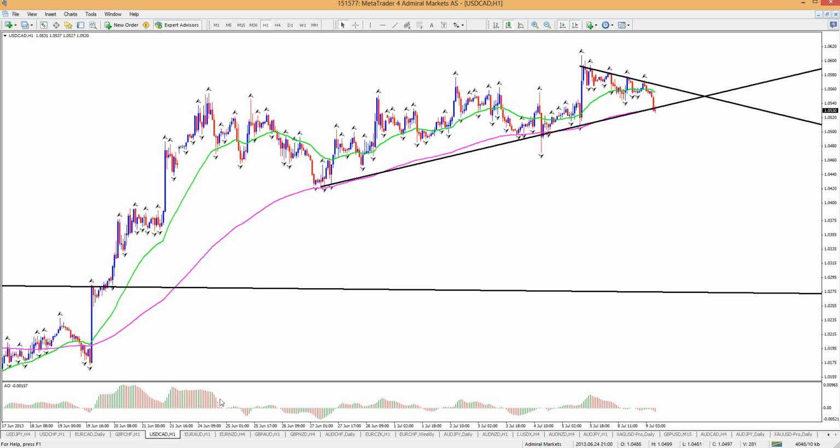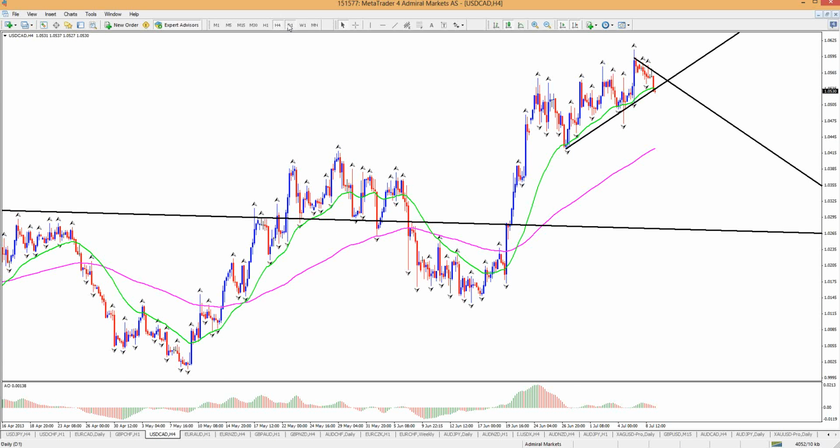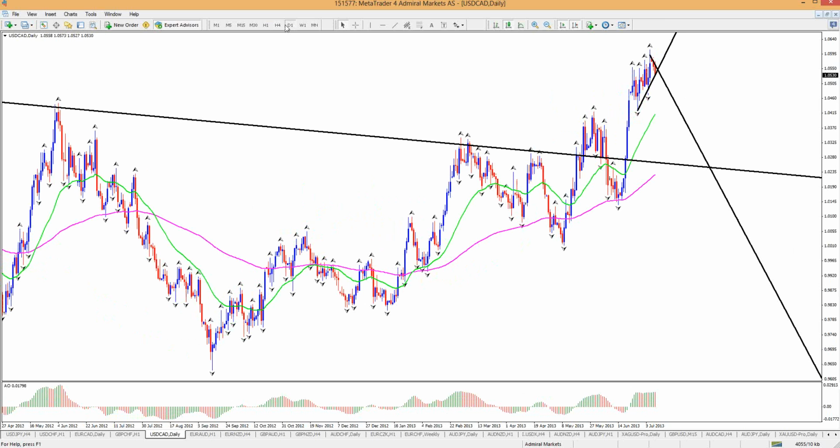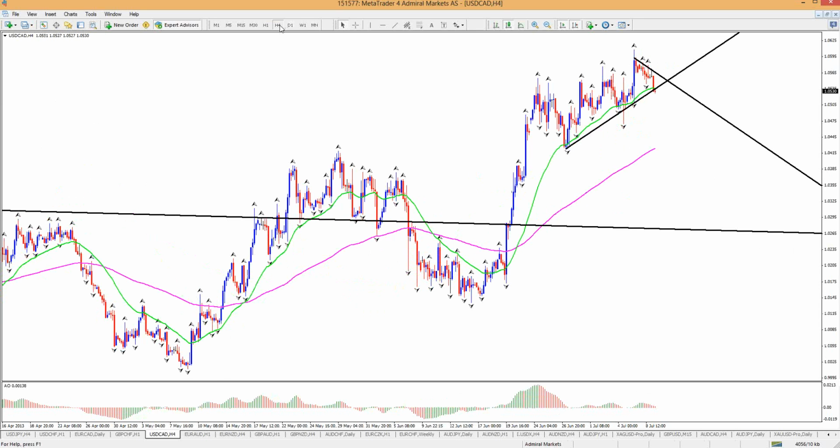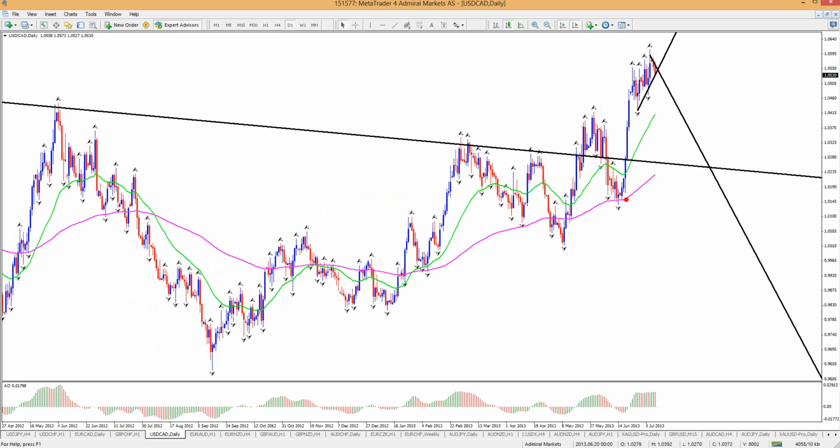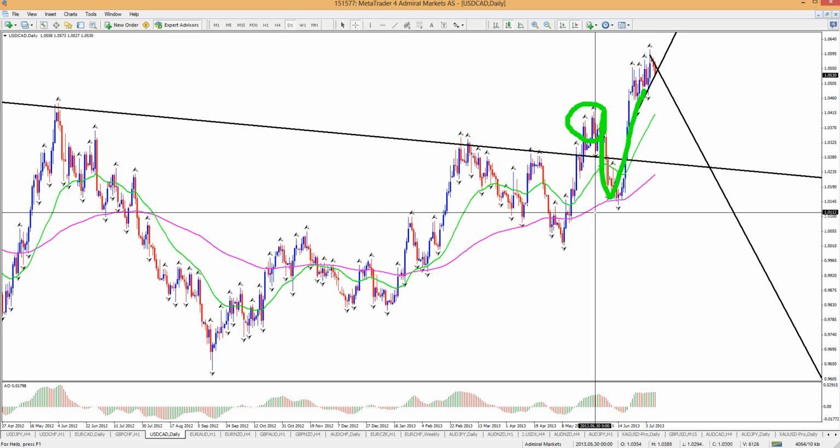So let's take a look at dollar CAD. Dollar CAD had just an amazing move up in these days. That was a while back, but pretty impressive. After we broke out of this weekly wedge already, hooked back, broke it back again.